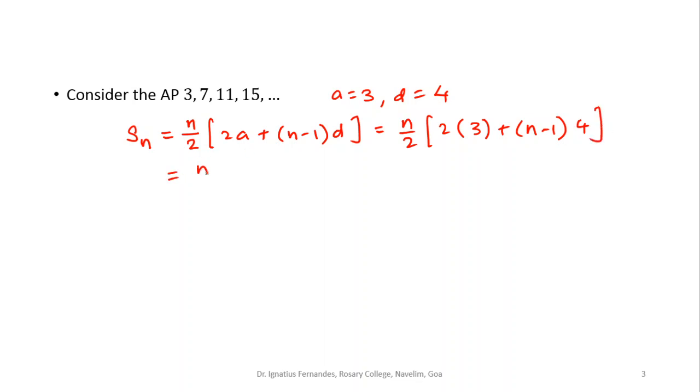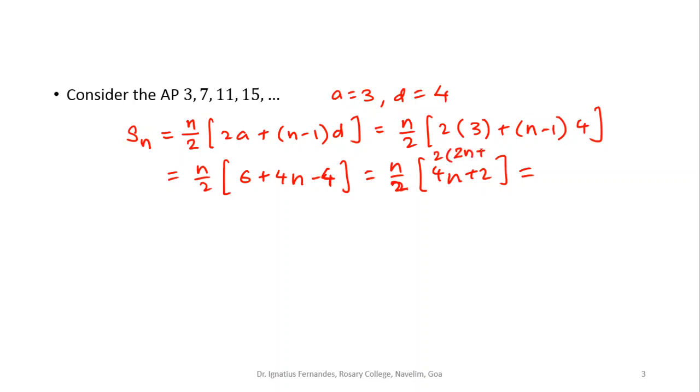If we simplify this, it is n upon 2 into (6 plus 4n minus 4), which is equal to n upon 2 into (4n plus 2), since 6 minus 4 is 2. If we want, we can simplify this: take 2 common from both terms and cancel the 2, so it will be 2 into (2n plus 1).